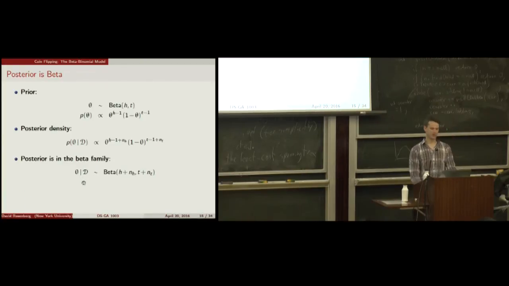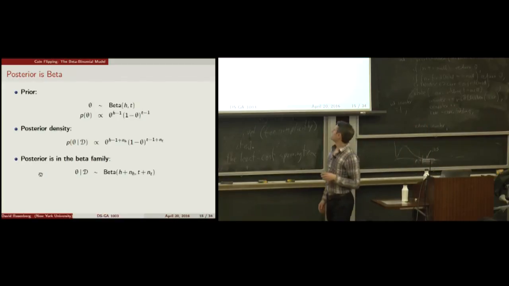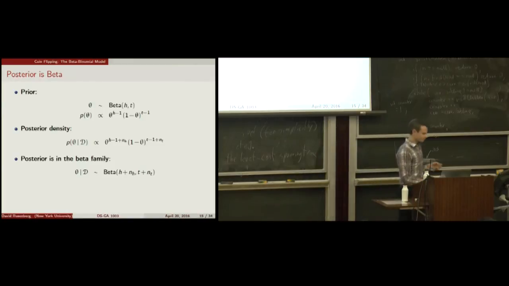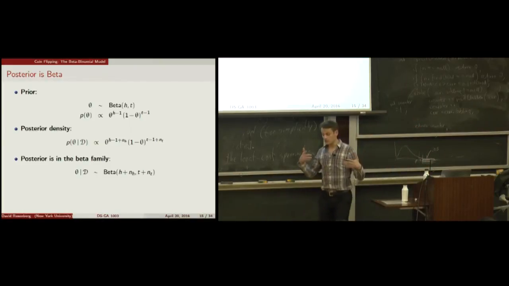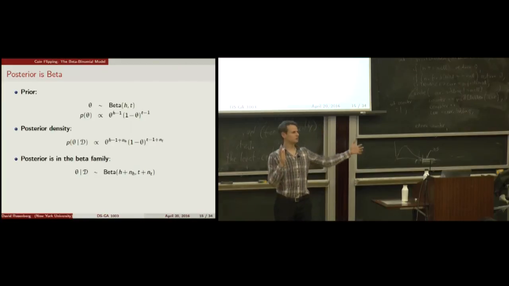So this is pretty interpretable, actually. You could think of h and t as prior counts. So you're representing your belief in terms of some hypothetical data set that you might have observed beforehand.